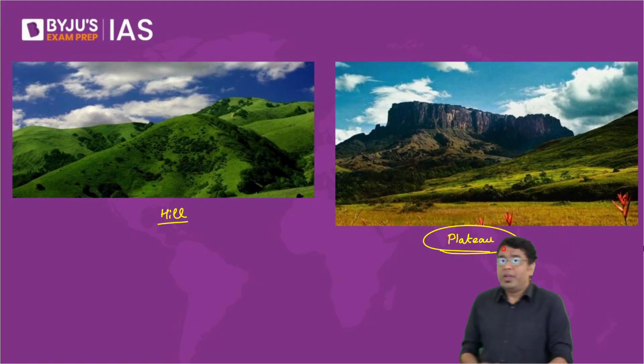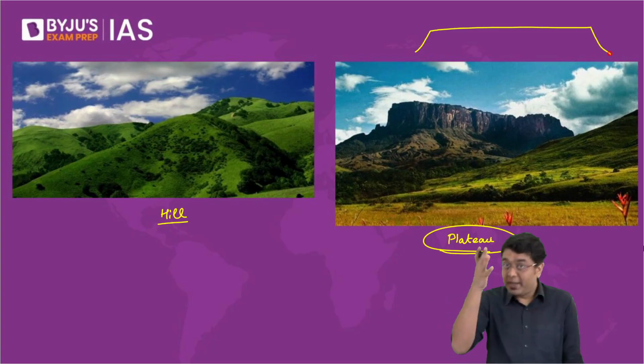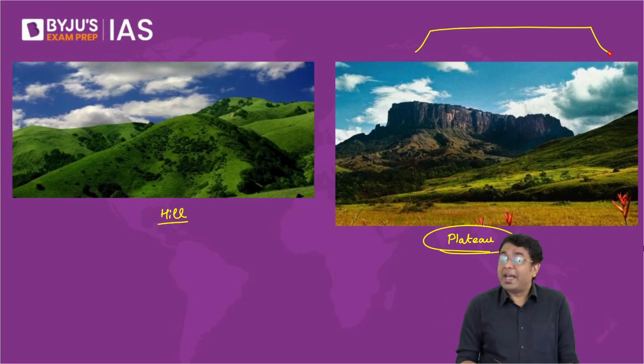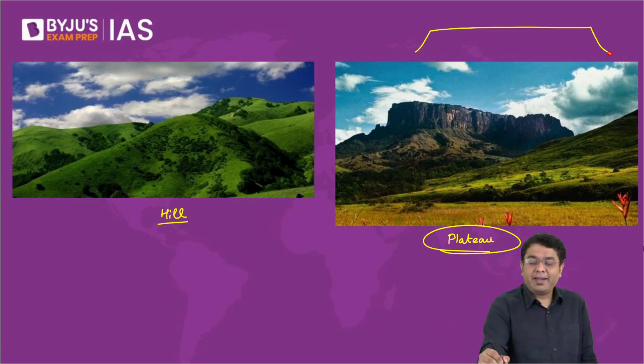And then you have another geomorphological feature that you will come across, which is referred to as a plateau. A plateau is a flat tableland-like structure with a flat top and a steep slope.